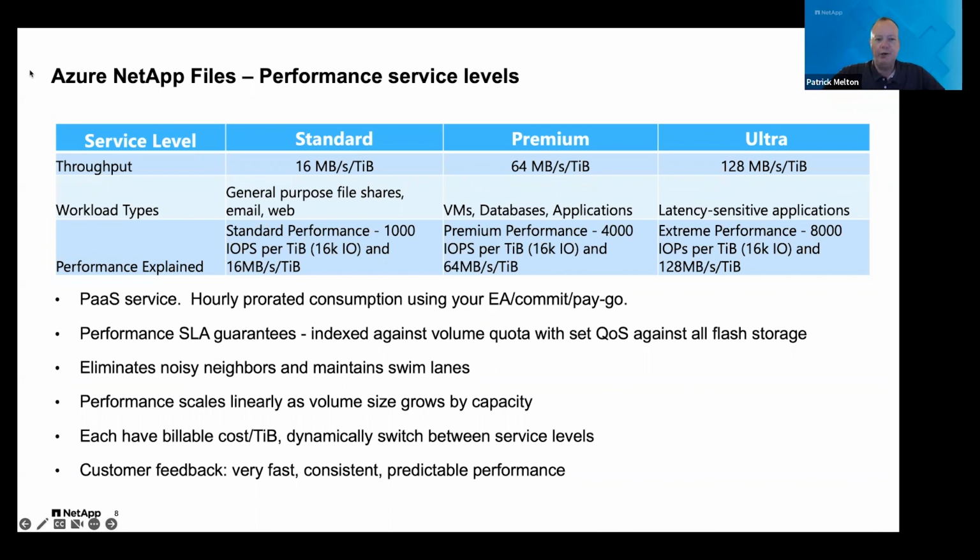This is just a QoS change, and it is instantaneous when you make that change. The application can stay up, the volume can stay mounted, nothing changes except for the QoS, and the performance is impacted immediately, whether that's up or down.